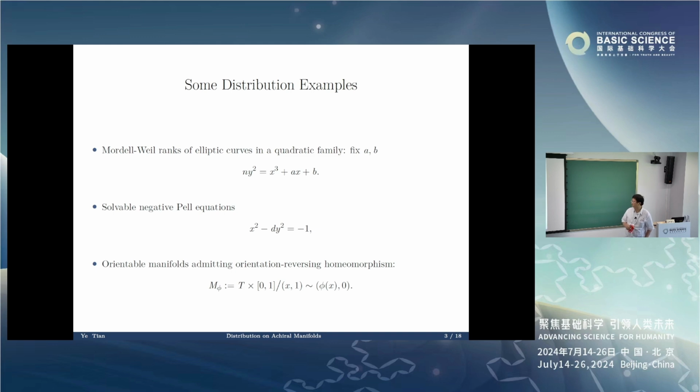So this is a 3-dimensional manifold. T is a 2-dimensional torus, times [0,1], the interval, with this relation on the boundary: (x,1) is equivalent to (phi(x),0), where phi is a homeomorphism of the torus.